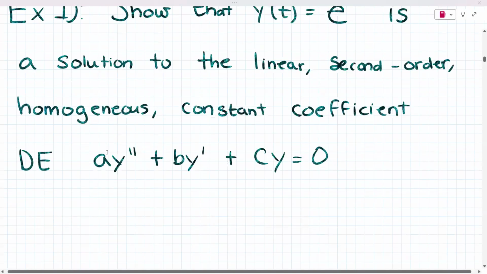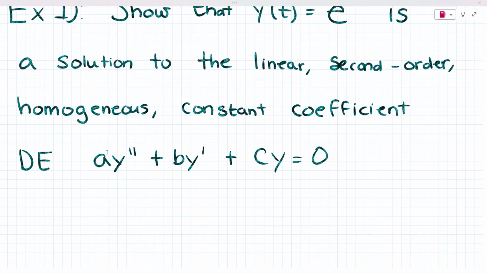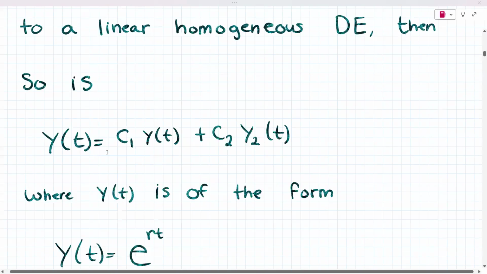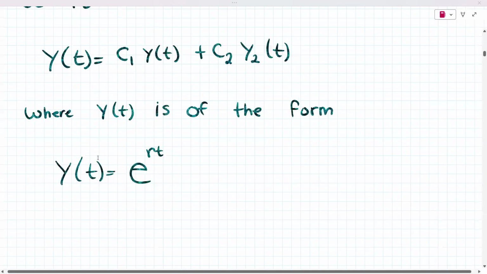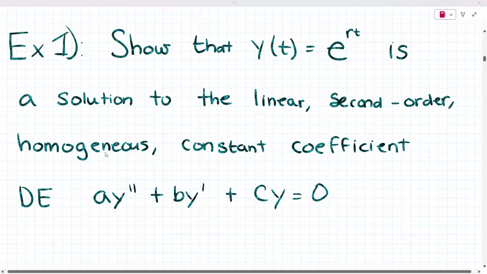So this one is just a little proof to show that this has a solution. So, what do we know? We know that y of t equals e raised to the rt.